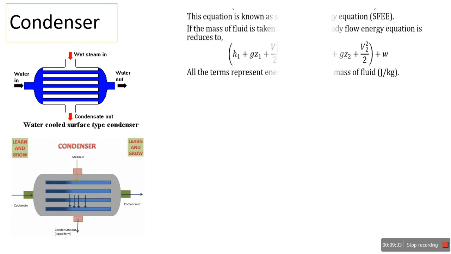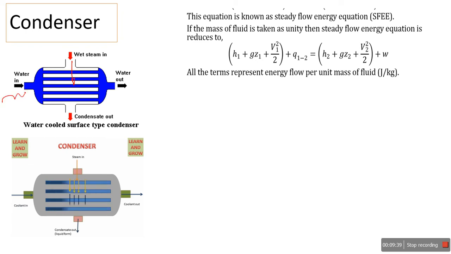Now the role of the condenser. If we see, the wet steam enters the condenser and comes in contact with the cold water, and that cold water absorbs heat from the steam, and after absorbing heat it becomes hot water. So the heat of the steam is carried away by the system, across the boundary of the system in the form of hot water.